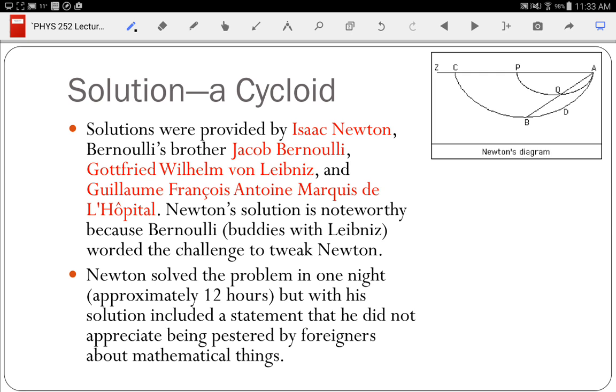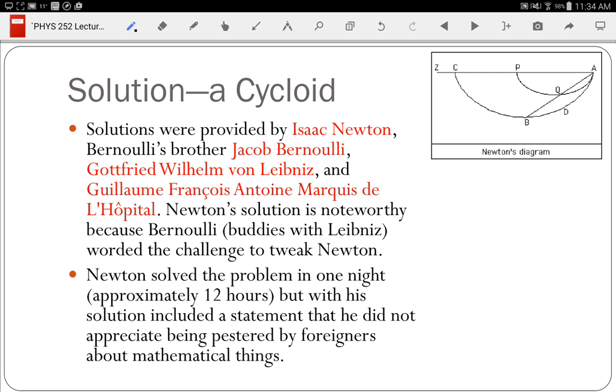He had a number of solutions that were submitted, one from Isaac Newton, who did it in 12 hours, another one from his brother, Jakob, one from Gottfried Wilhelm von Leibniz, who was his friend, one from Guillaume-François Antoine Marquis de l'Hôpital, famous for L'Hôpital's rule. And Twissaw, feel free to laugh at me as I butcher these names. I'm doing my very best.